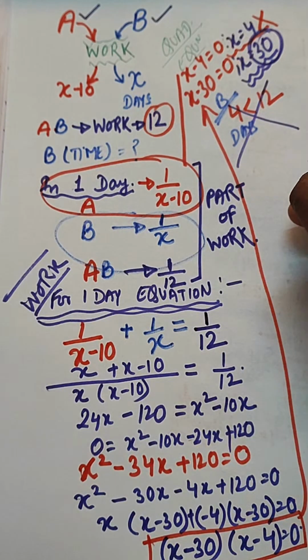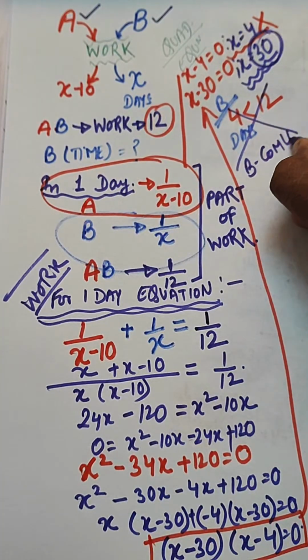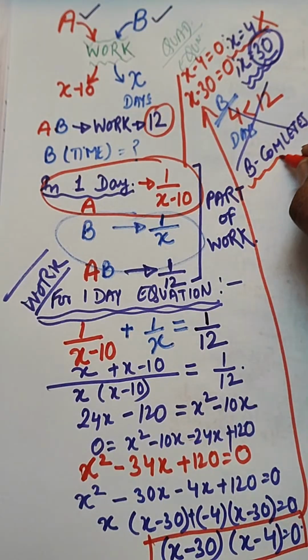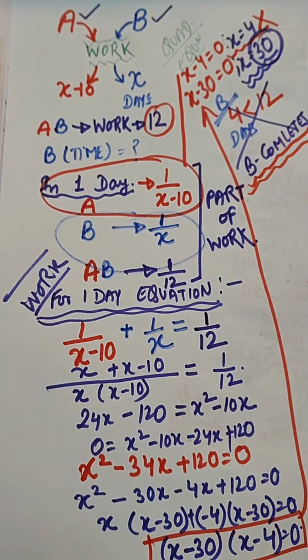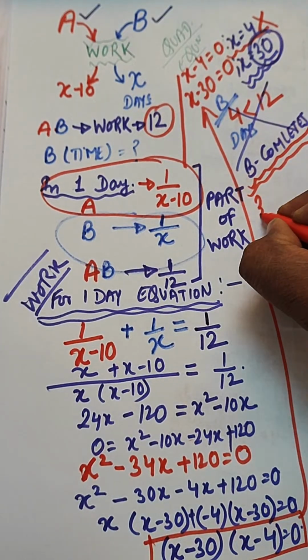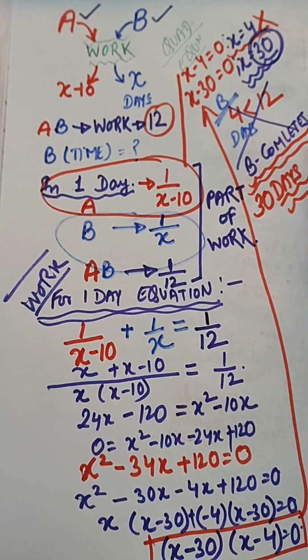So that's why B completes the work in how many days? 30 days, in 30 days, right? Why have we not considered 4?